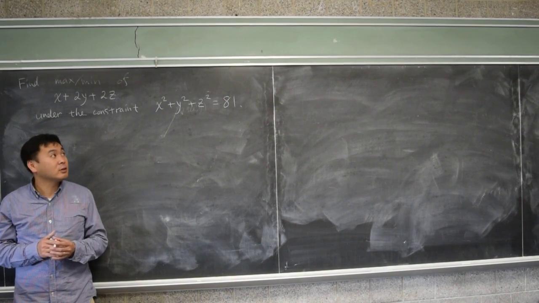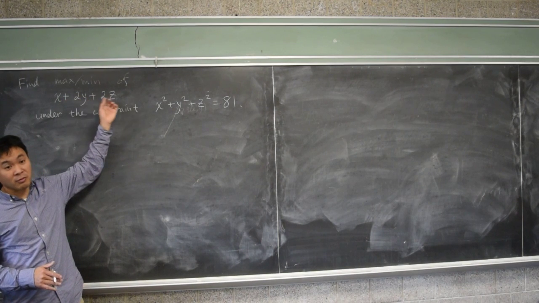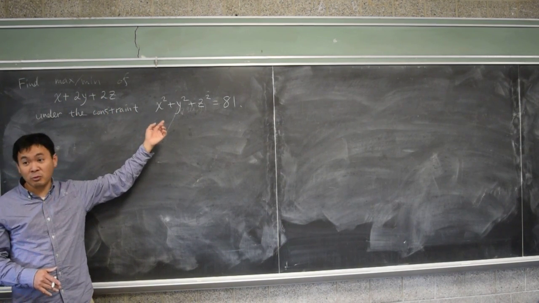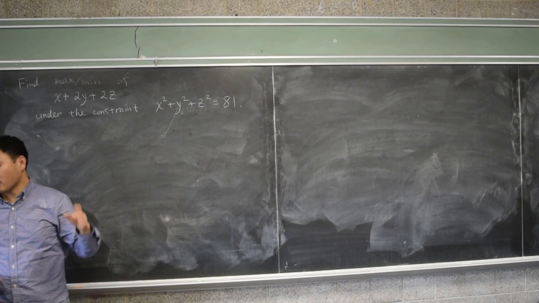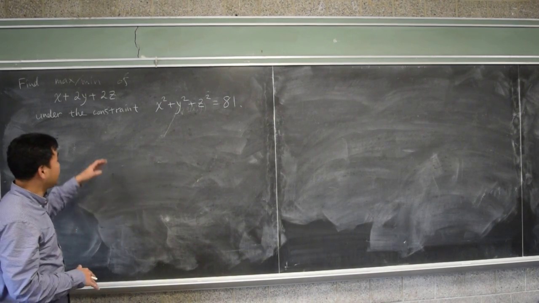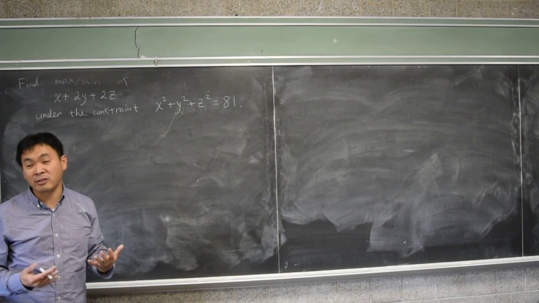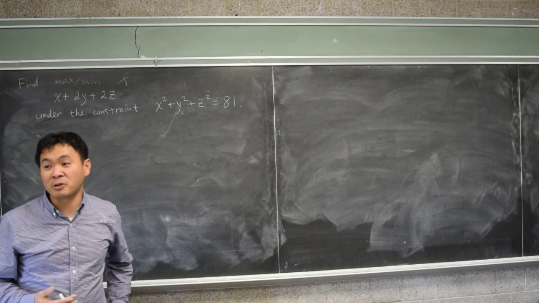If you had the level surfaces of this and compared with this surface, they should be tangential to each other. For those two surfaces to be tangential, you need their gradients to be in the same direction.